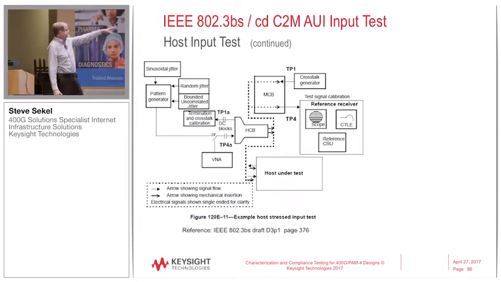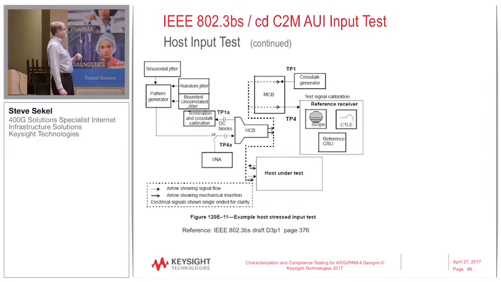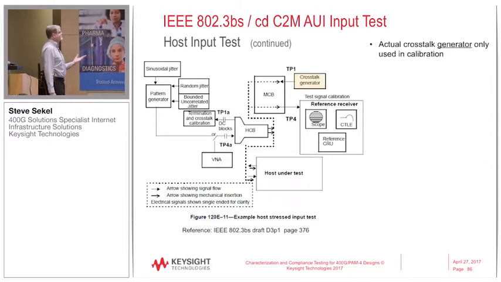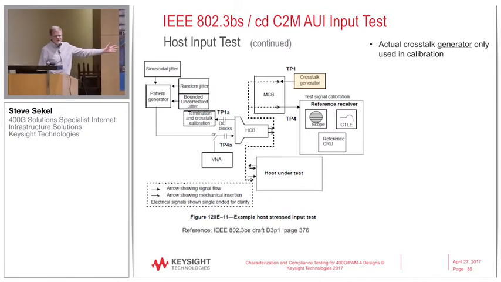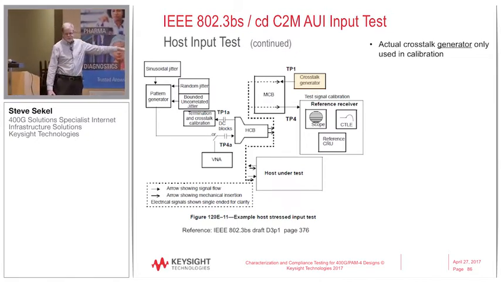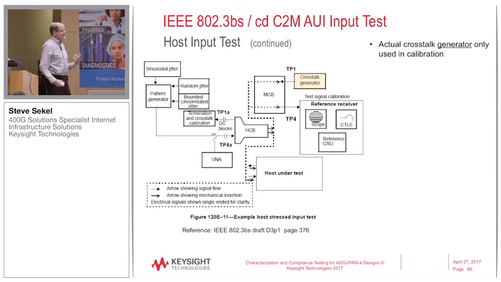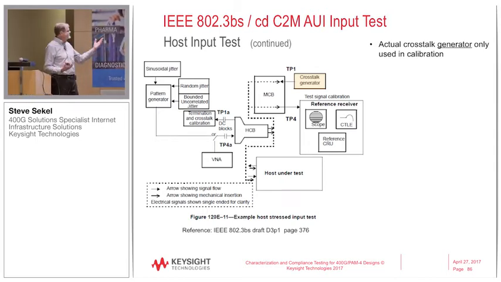crosstalk. You also use that same reference receiver to do the calibration of the crosstalk, and I'll show that right now. So the first thing you might run into, by the way, the same drawing was used in the 100G NRZ specs that we're using in 400G as well, so you might be familiar with it. And I know the first time I ran into this drawing, I really struggled with this. I said, what's going on here? The crosstalk's going in the wrong direction.